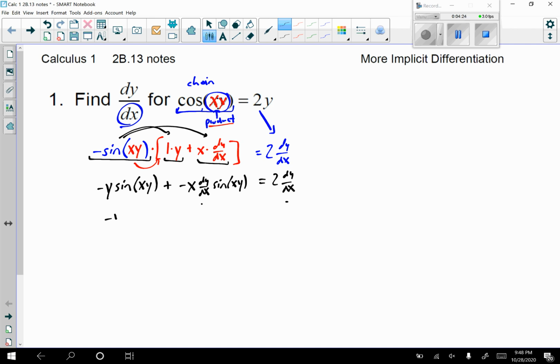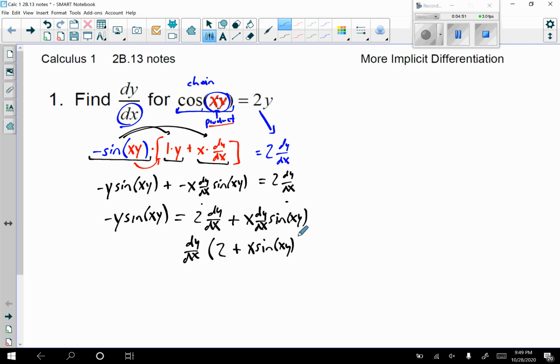So let's keep this one here, negative y sine xy equals, let's keep the 2 dy/dx, add on x dy/dx sine xy, all of that, factor out. We have left 2 plus x sine xy. Gotta have a big parentheses there.